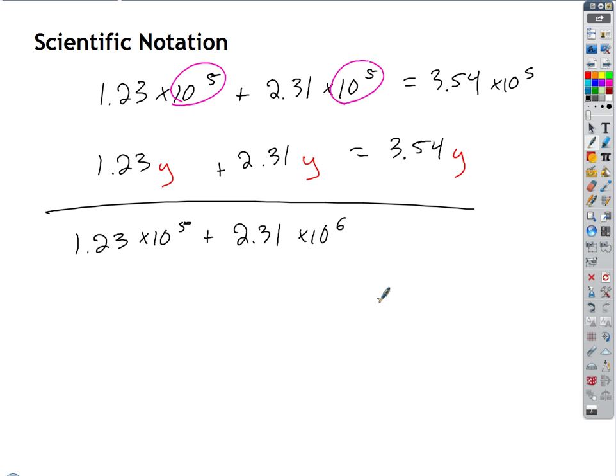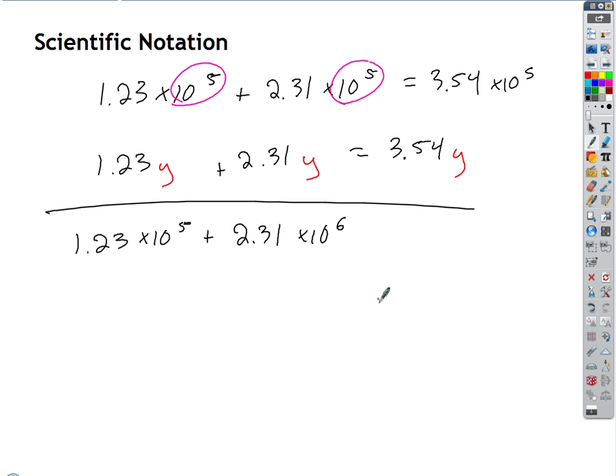So whatever I do to this factor, I must do the opposite, the inverse, to that factor. Does that make sense? So what am I doing when I convert this from 10 to the 6th to 10 to the 5th? Making it small. Okay, I'm dividing it by 10 to the 1, aren't I? That make sense?